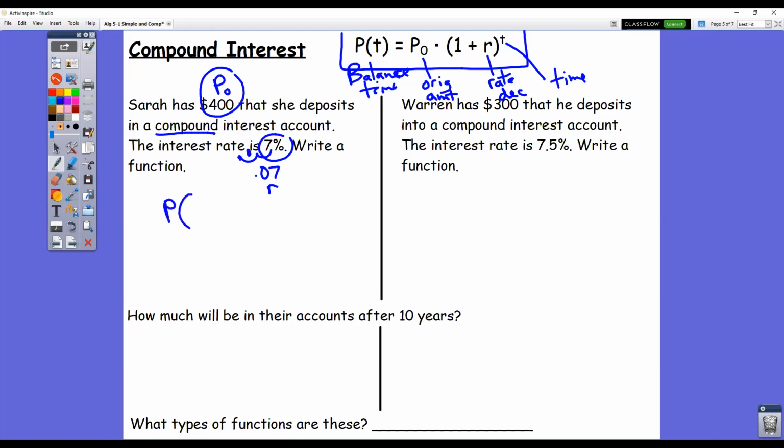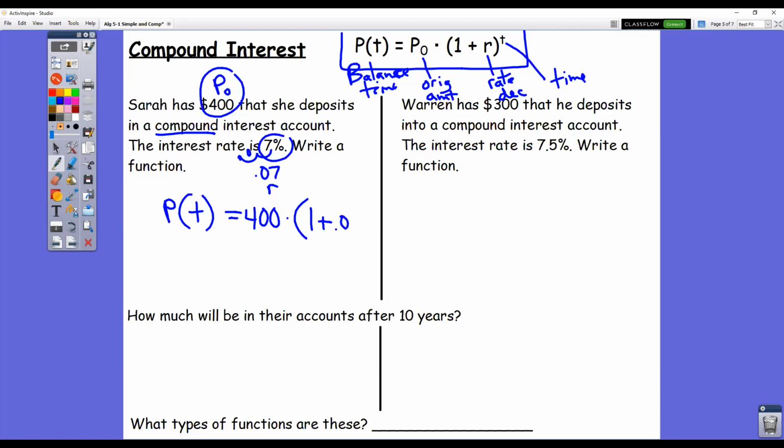So we're going to have P of t. P of t equals the original amount, 400, times, in parentheses, 1 plus your rate. Now again, be very careful. You can't use your rate as a percent. You have to use your rate as a decimal.